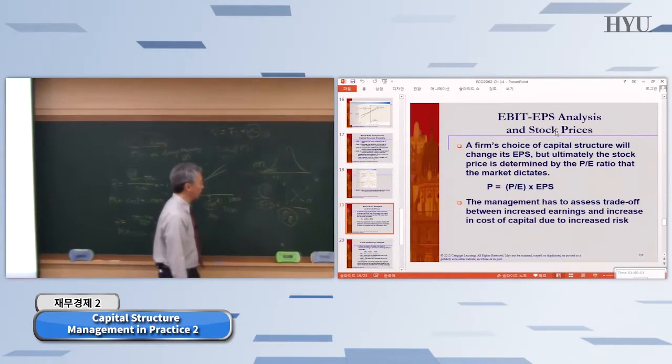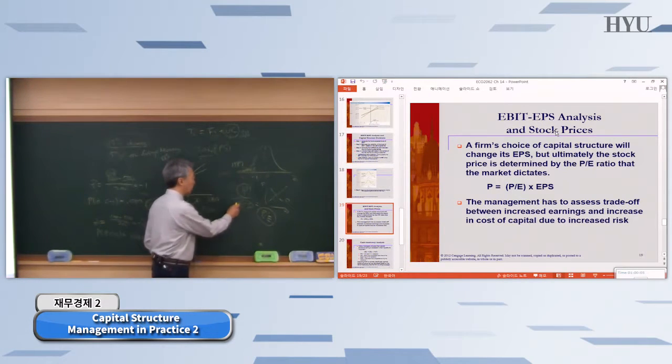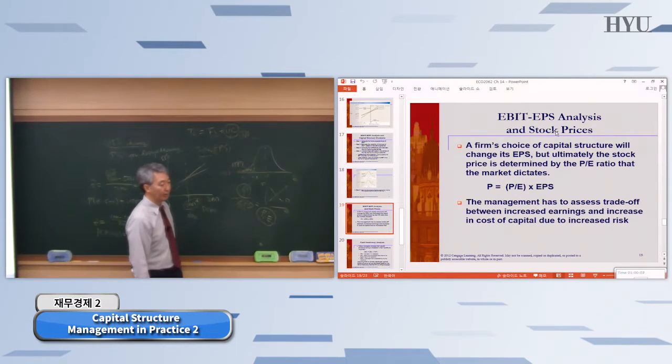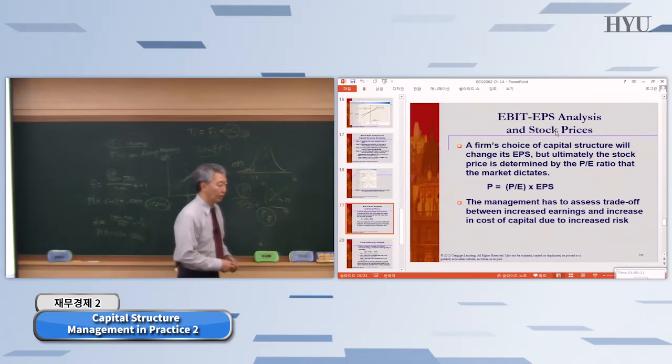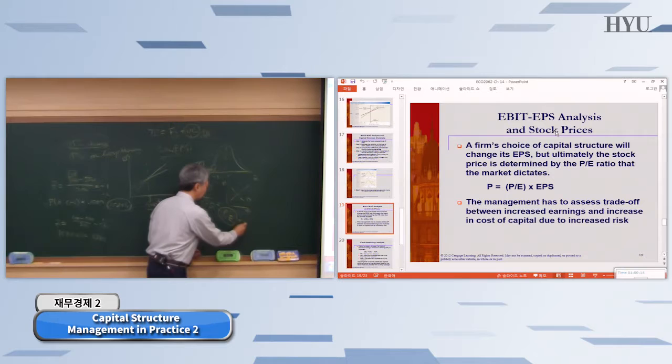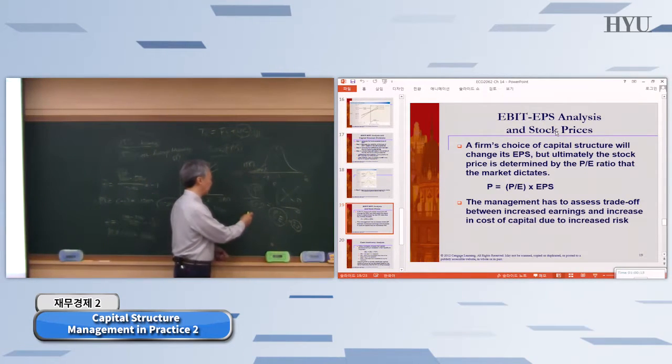And depending on P/E ratio, the price can adjust again. So suppose P/E ratio comes out to be 20. What that means is the current stock price is 20 times higher than earnings per share.